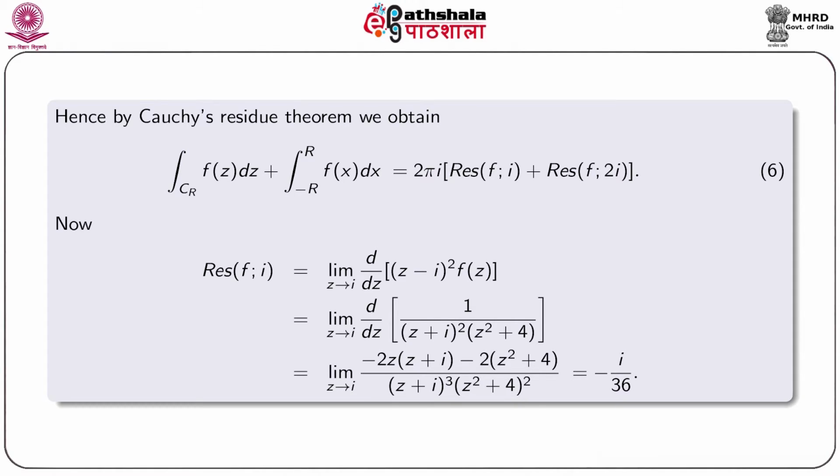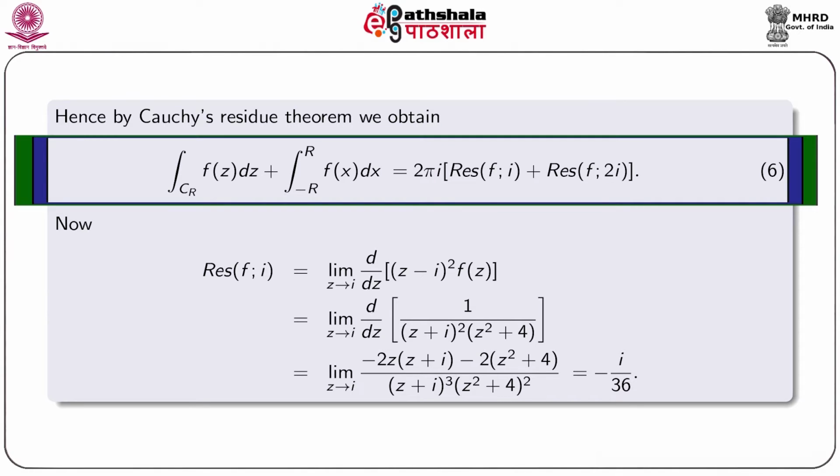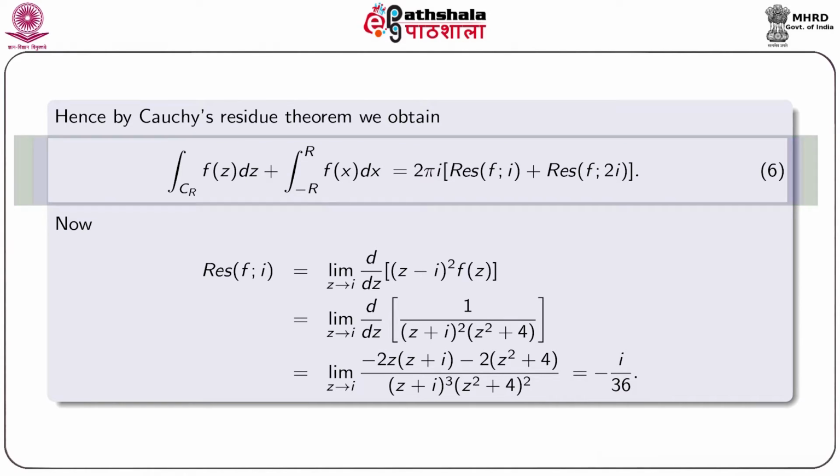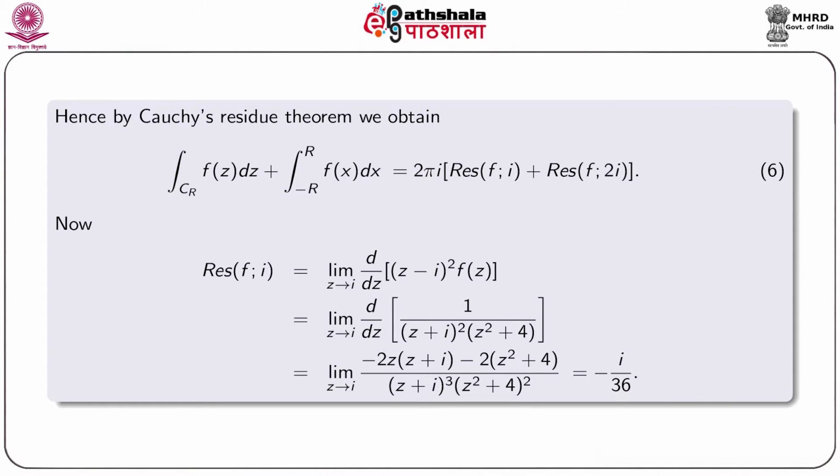Therefore, by Cauchy residue theorem, we have the integral over CR of f(z) dz plus the integral from minus R to R of f(x) dx is equal to 2 pi i into (residue of f at i plus residue of f at 2i).